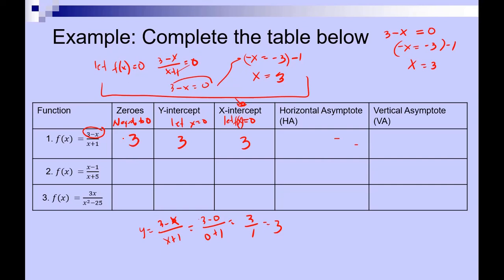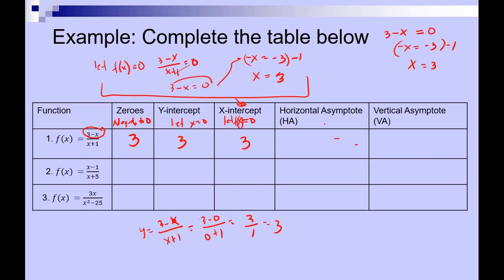So, this is 3 also. Again, for the zeros, what makes the numerator 0? What value of x makes the numerator 0? For the y-intercept, we just let x be equal to 0, substituting 0 for all x. Then the answer is our y-intercept. For the x-intercept, we let f of x be equal to 0, then compute the value of x. So, we equate the expression to 0.